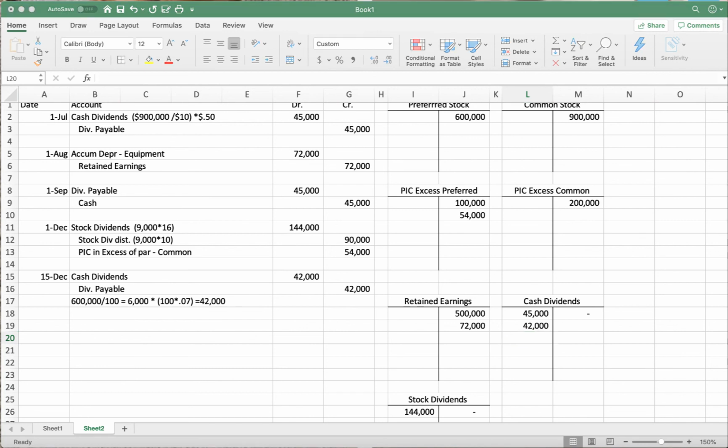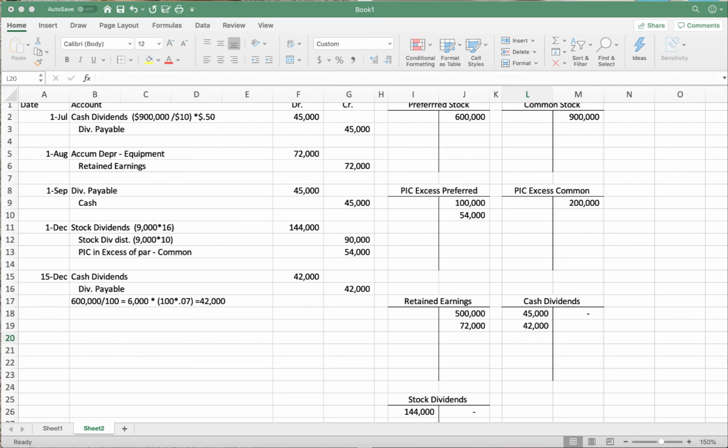The last thing we need to do is calculate, or not calculate, it's already calculated for us. We need to post the net income, and we need to, let me rephrase that. We need to close our accounts, right? We have net income already calculated for us of $350,000.